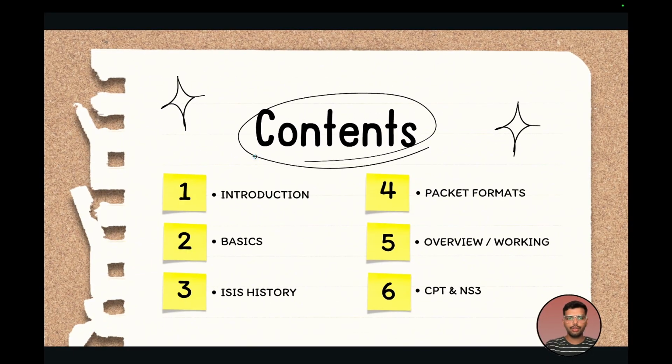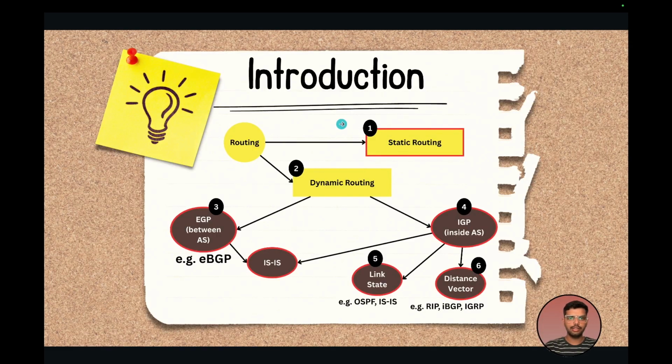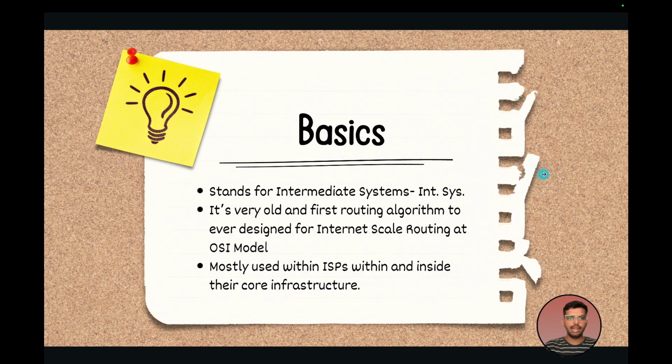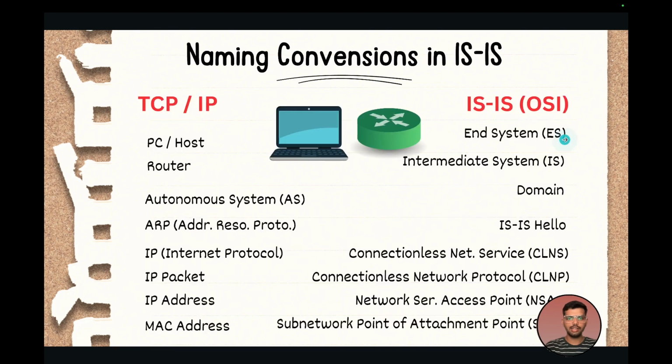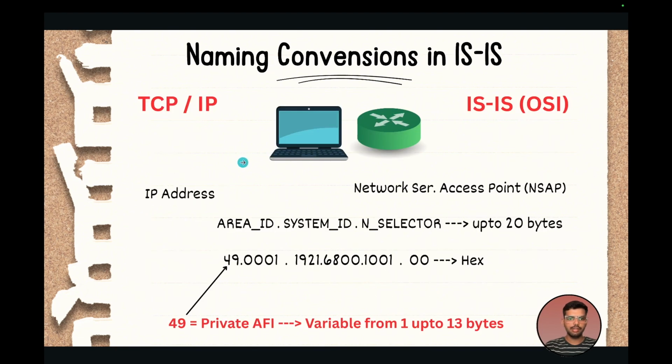Just to give you an overview, we had already covered the first session on IS-IS, where we covered the introduction and the basics. Let's quickly go through the previous slides. This was the introduction. Then we had a high level overview. Here are some of the whys and why nots to use IS-IS. Then there are certain naming conventions that we use.